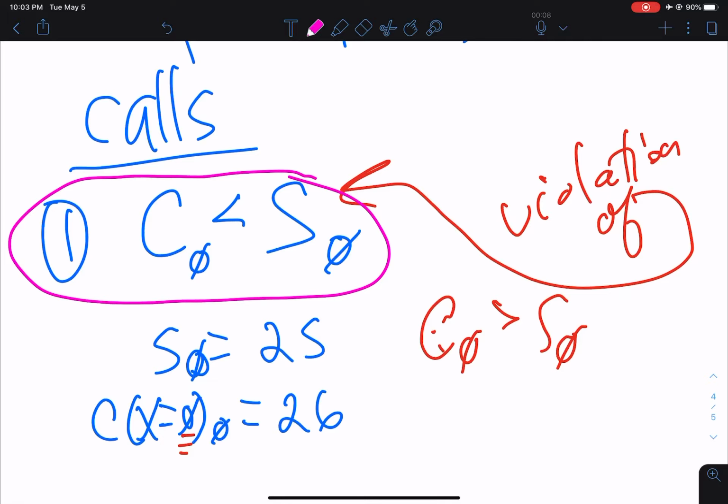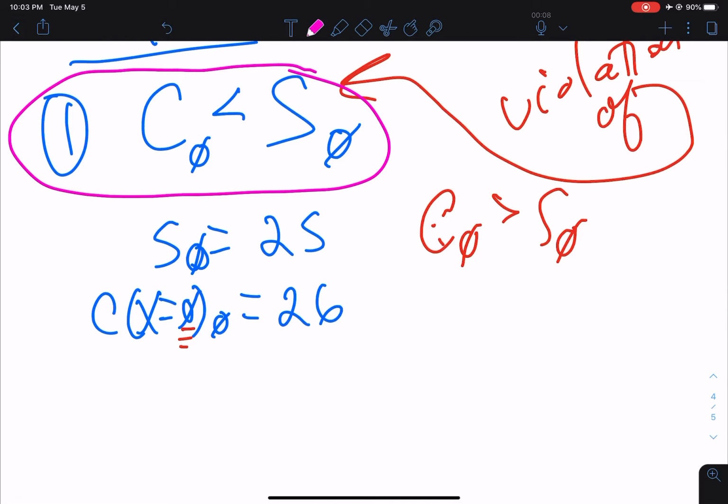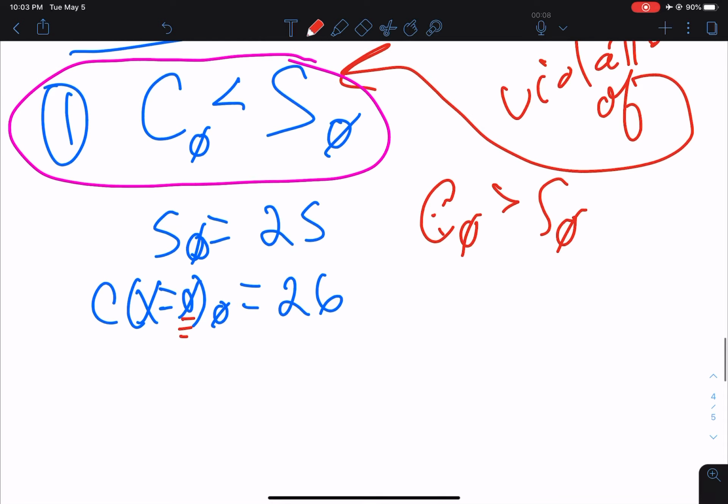Okay? Well, what would we do? Let's think through this. What we're basically saying is the call is overpriced, the stock is underpriced, and since this involves the call price necessarily being less than the stock price, let's do this. At date 0, if we saw this mispricing shown right here, what could we do?